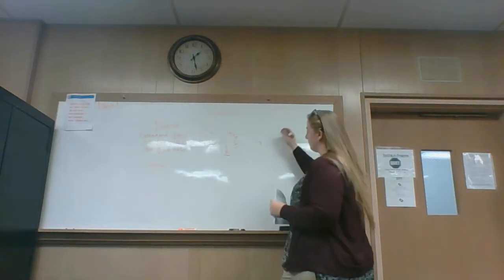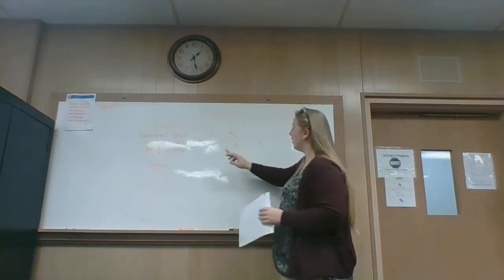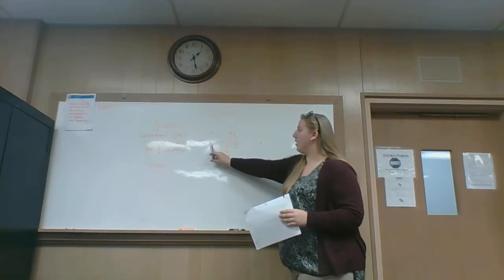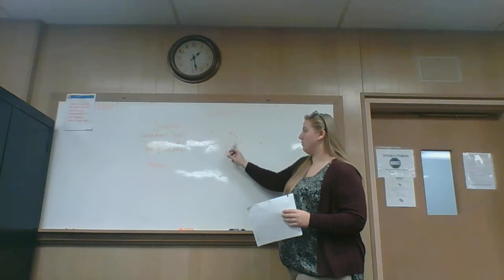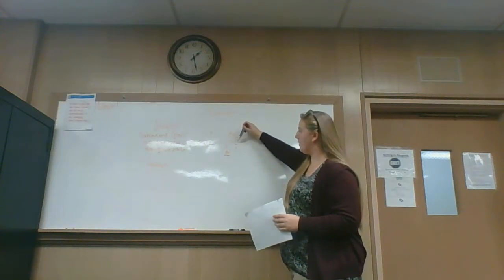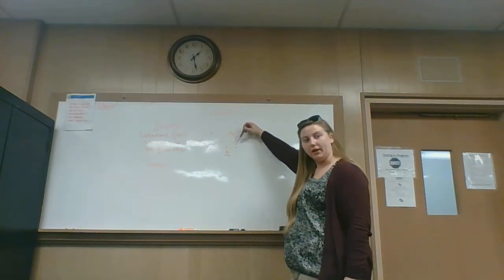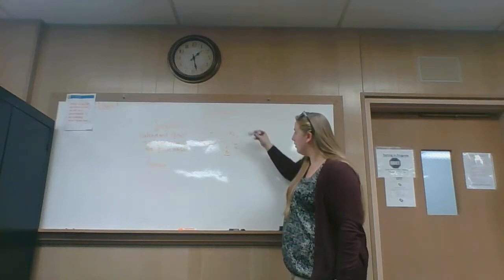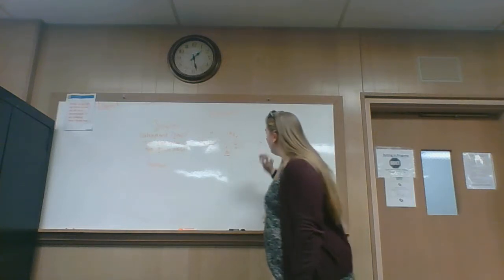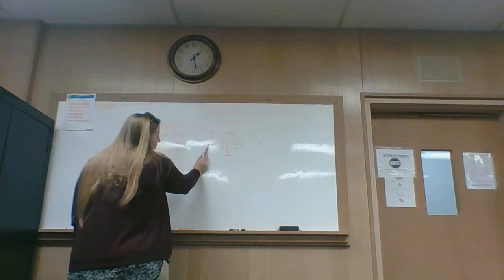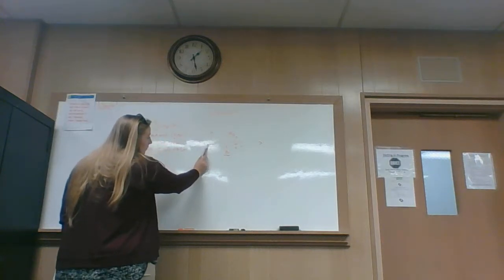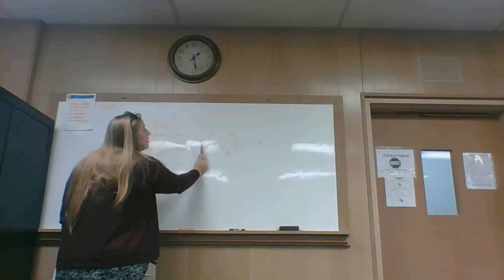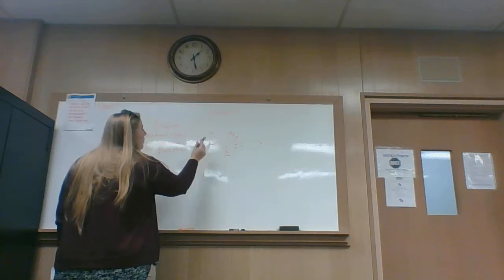So we need to figure out which one of these is most highly substituted. If we had to classify this carbon as primary, secondary, or tertiary, it would be? Primary. Good. And this one would be? Would that be tertiary or secondary? Secondary, because we have one carbon here, one carbon right here.